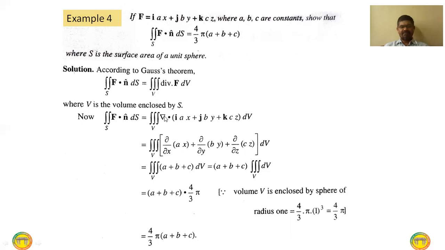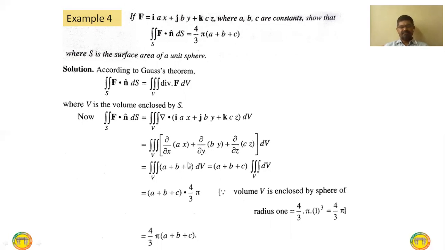Writing del bar as i dou by dou x plus j dou by dou y plus k dou by dou z, doing the dot product, we get dou by dou x of ax plus dou by dou y of by plus dou by dou z of cz. After partial differentiation, dou by dou x of ax is a, dou by dou y of by is b, dou by dou z of cz is c. So a plus b plus c into dv.